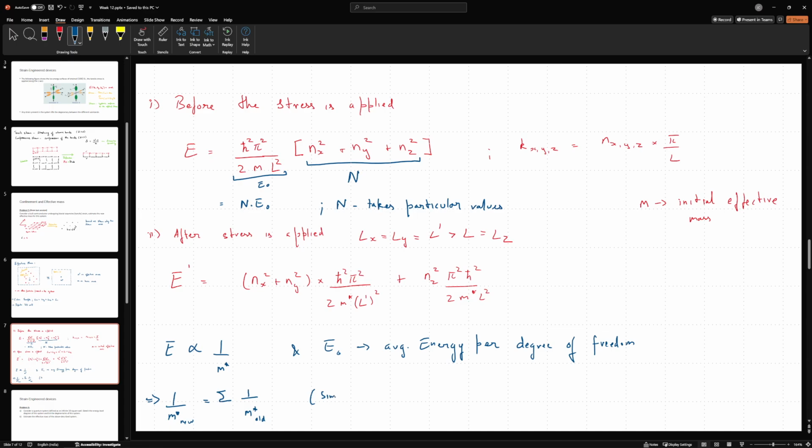Similar to the rule for calculating effective capacitance. So since this is the case, here I will be summing over x, y and z, the three possible values: the old effective mass along the x motion, along the y motion, and along the z.